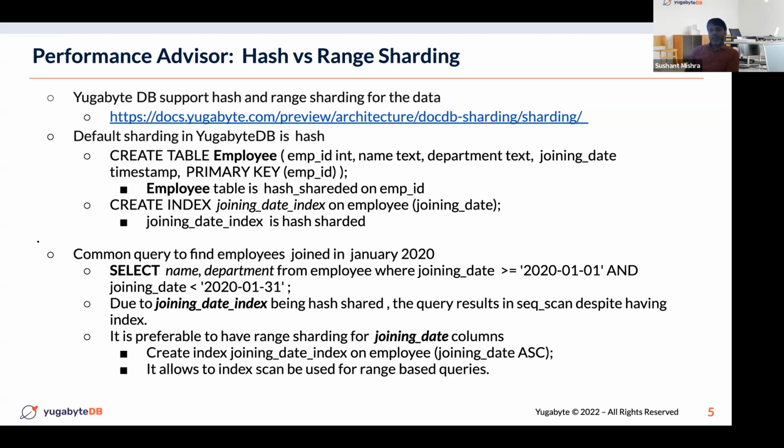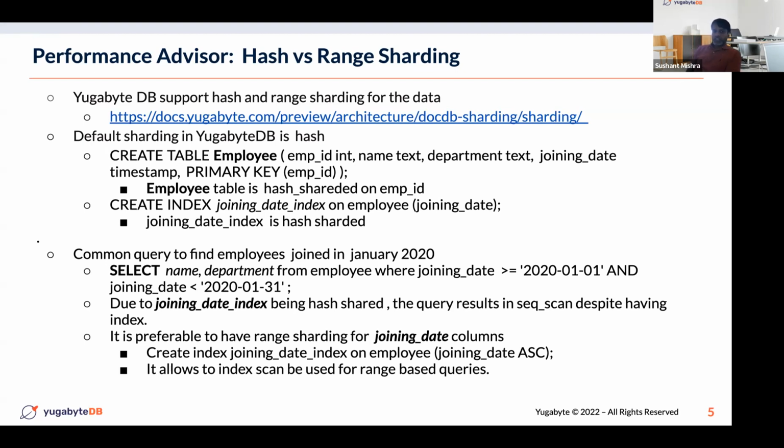With range sharding, the advantage is that the data is ordered in a certain way. So if a user is executing range queries, then it's preferable to have range sharding, as it allows the data retrieval for that particular range to be much faster.